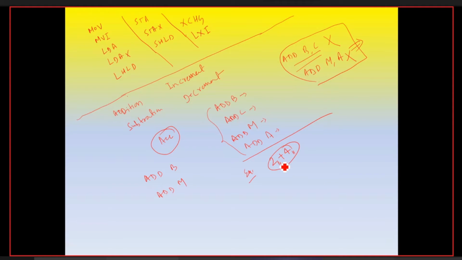So how to move this value 2 in accumulator? क्या इंस्ट्रक्शन होगा उसके लिए? इसके पहले हमने एक्सप्लेन किया है.